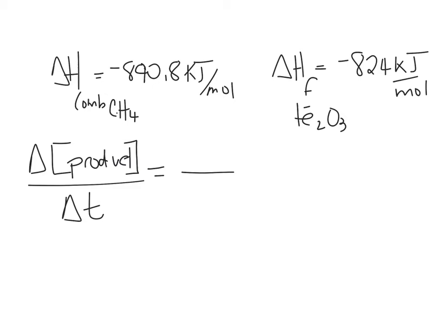What is the units for concentration? Moles per liter. And time could be seconds or minutes, but let's say for this one it's seconds. So moles per liter per second. You can also write that moles per liter per second with a dot between.